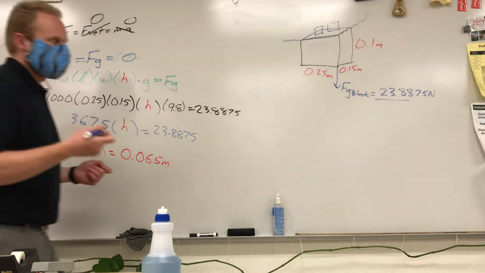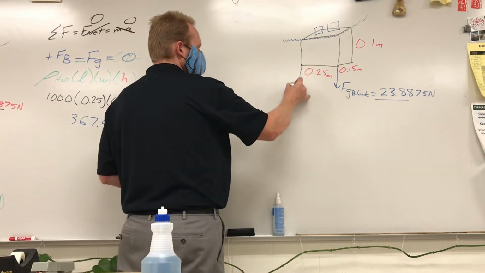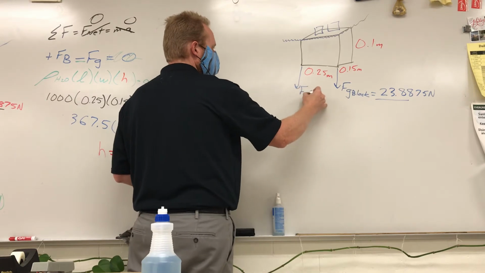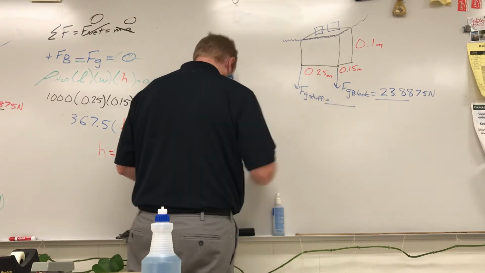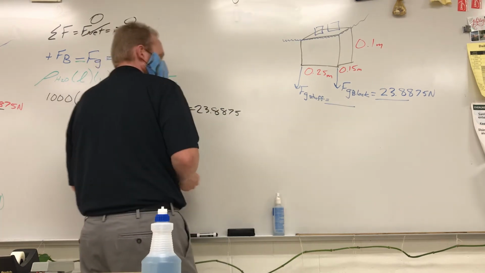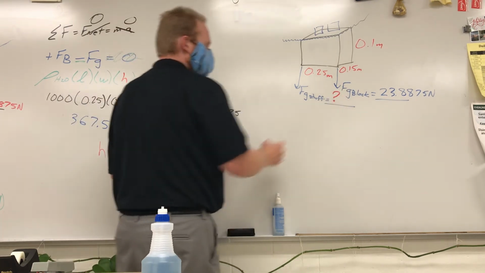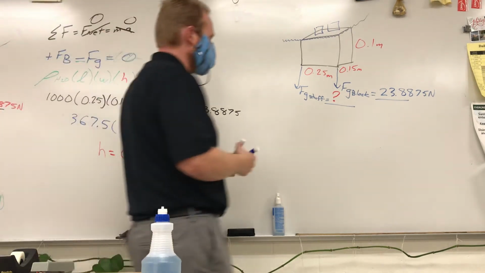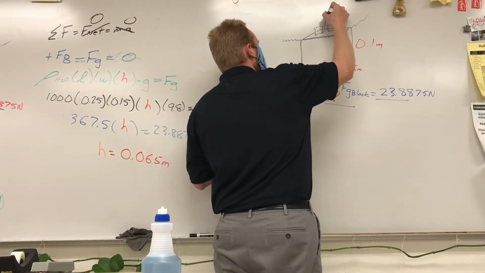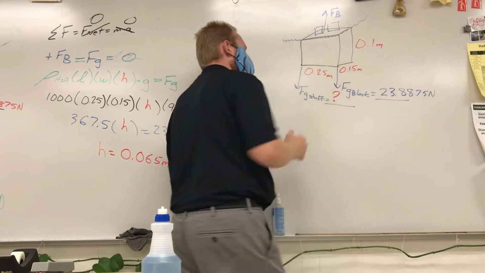But because I'm setting stuff on it, we have another FG, and I'm just going to very generically call that FG of stuff. And that's what I'm asking to solve for. How much stuff, what's the weight of stuff that my object can hold before it gets too deep? And there is going to be a buoyant force.